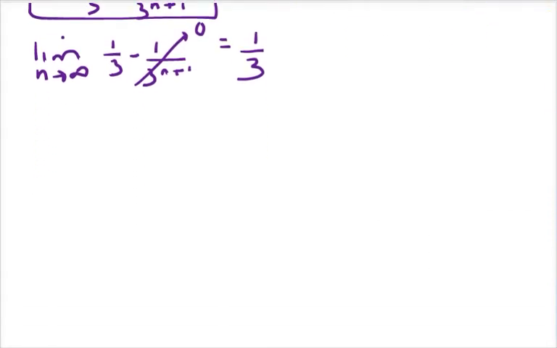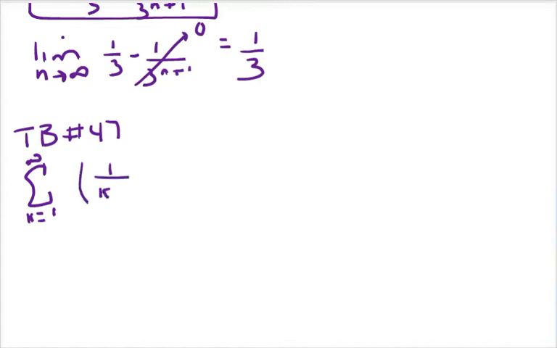So there's a similar problem in your text, and I think I may have given you one in MML, maybe not, I can't remember. Let's go through it just in case I did give it to you. This is textbook number 47. If I gave you one, it's going to be just one, because I want you to focus your attentions on the geometric series.